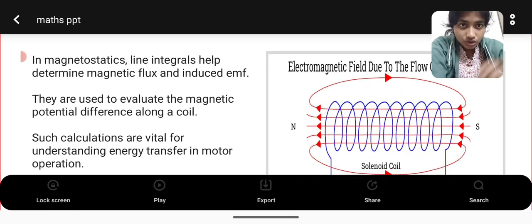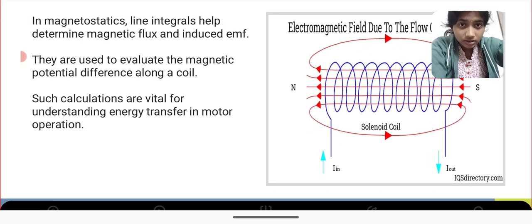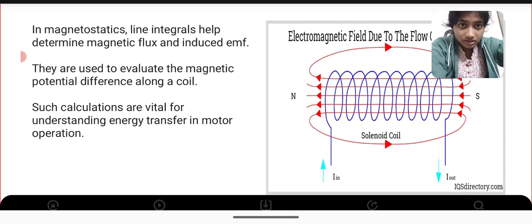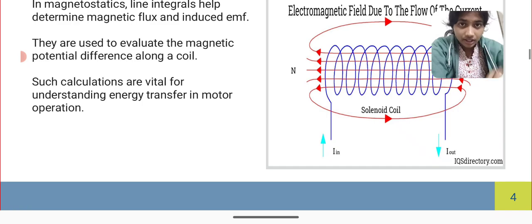They are used to evaluate the magnetic potential difference along a coil. Such calculations are vital for understanding energy transfer in motor operations.